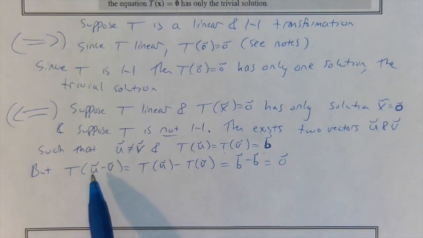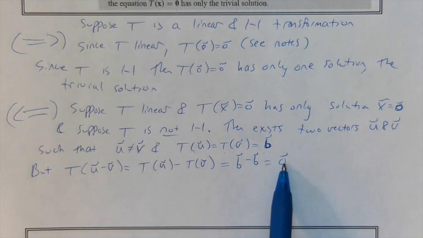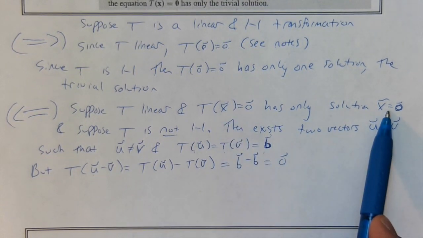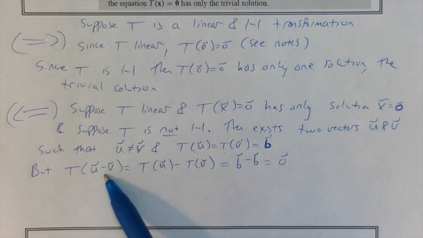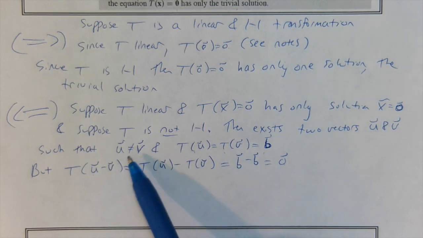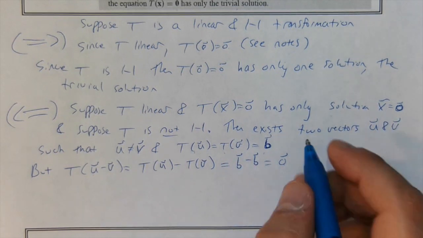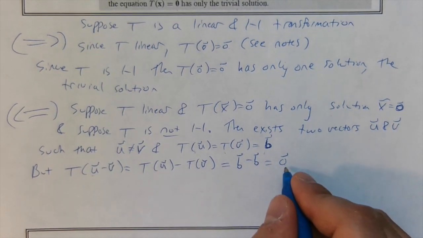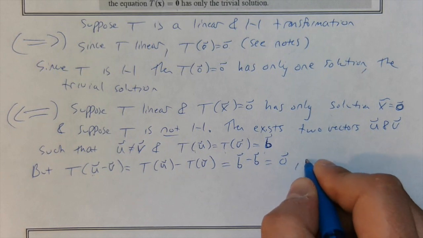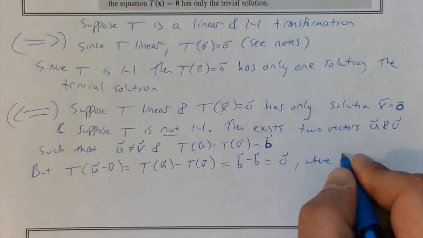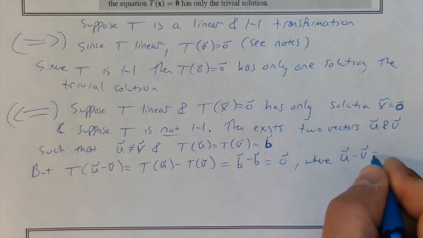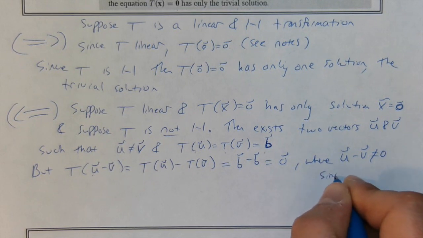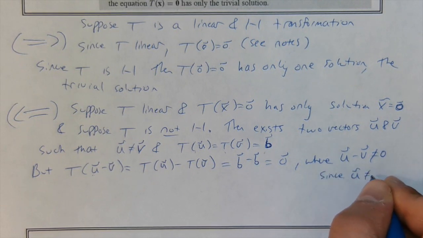So in other words, u minus v gets sent to the 0 vector, but u minus v is not equal to 0 because u doesn't equal v, right? So we're sending something, u minus v, to the 0 vector, where u minus v is not 0, since u doesn't equal v.